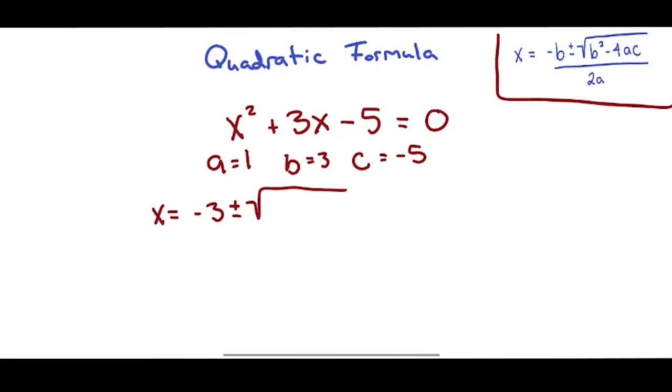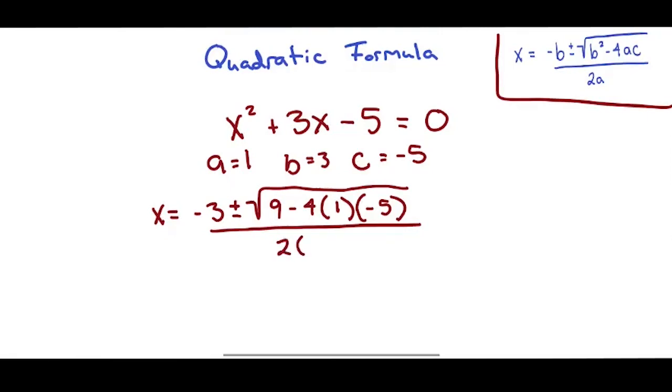Well, 3 squared is 9, minus 4 times a, which is 1, times c, which is negative 5, all over 2 times a, which is 1.